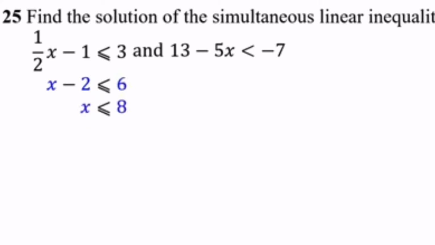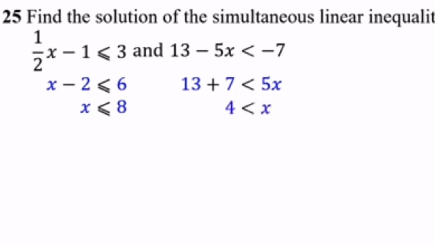For the right hand side inequality, we need to be very careful because there is a negative term in front of the x, so we will bring the negative 5x to the right. So we will take the negative 7 to the left, so 13 plus 7 less than 5x, hence you will have 5x more than 20. So that means x will be more than 4, so be careful.